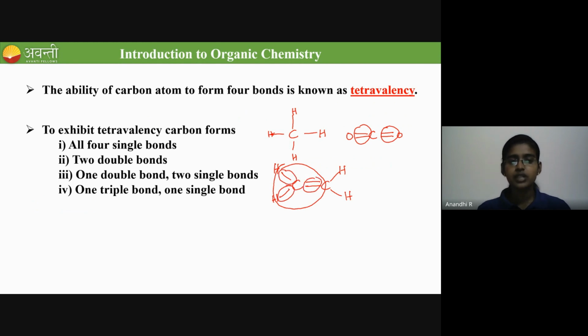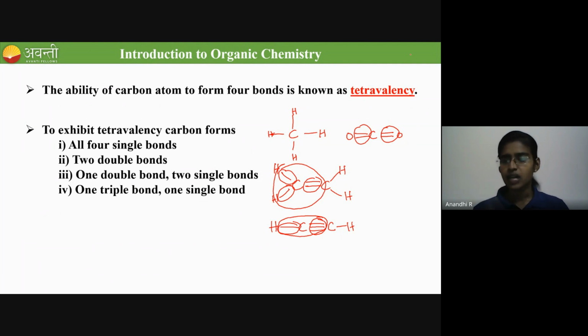And the fourth combination is 1 triple bond and 1 single bond, which you can find in the case of the C2H2 molecule. Around this carbon there is 1 triple bond and 1 single bond. Got it? So to exhibit the tetravalency, carbon is doing all such combinations.